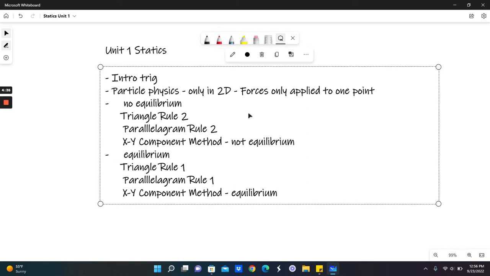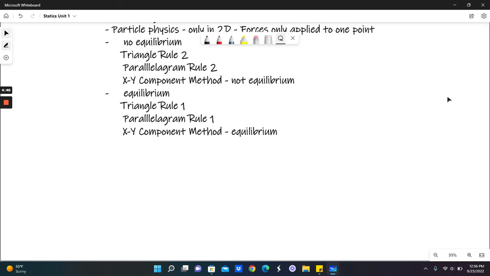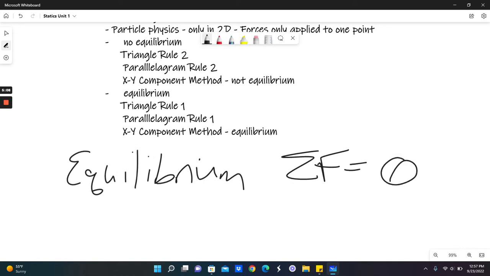So let's start by focusing on situations that are in equilibrium. To do that first, let's define equilibrium again, right? I think we did that in one of our earlier classes. Let's write it down. So equilibrium is when the summation of forces are all equal to 0.